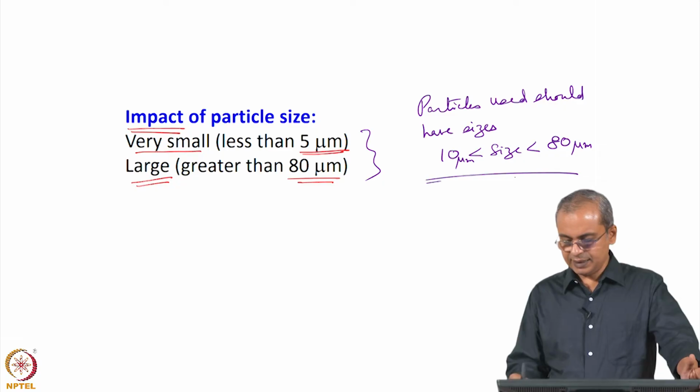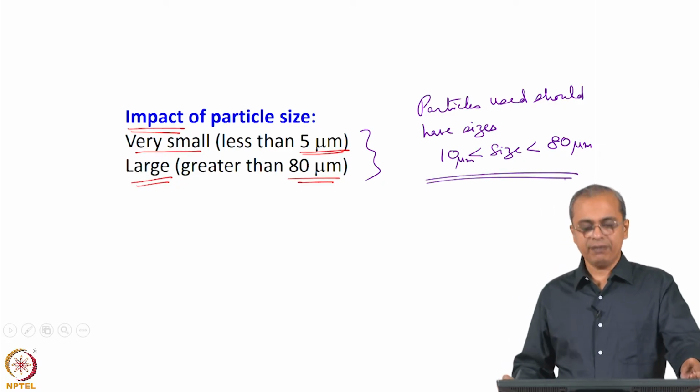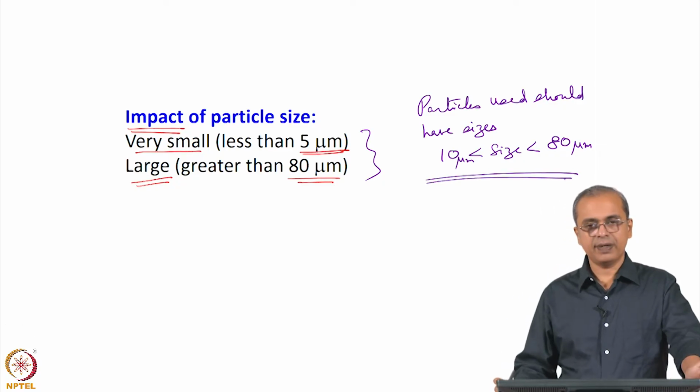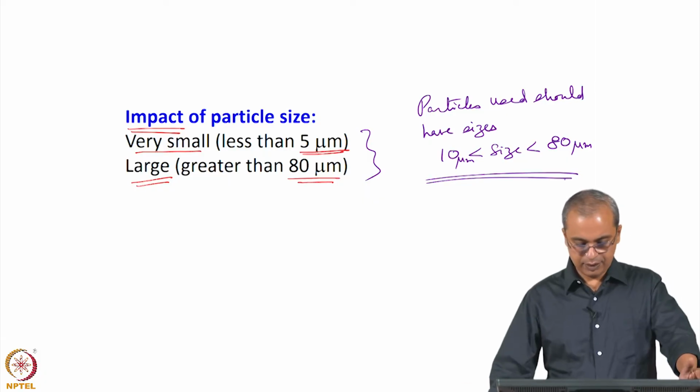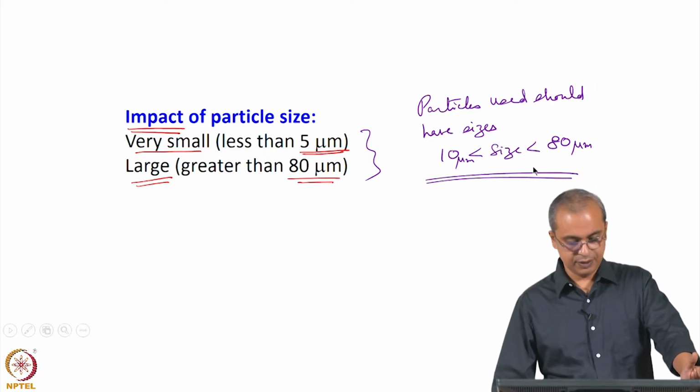This is the size range that we need for us to effectively do this process, effectively melt the particle and create these nanostructures.